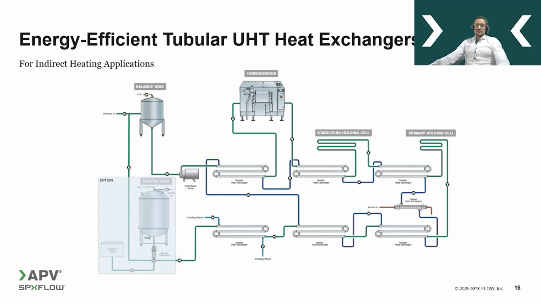Following the sterilization, obviously we have to start cooling down the product to avoid any contamination. The final section of the tubular heat exchanger is typically dedicated to bringing the product down to the target temperature. That could be 20, 25 degrees, depending, obviously, on the application and the product.